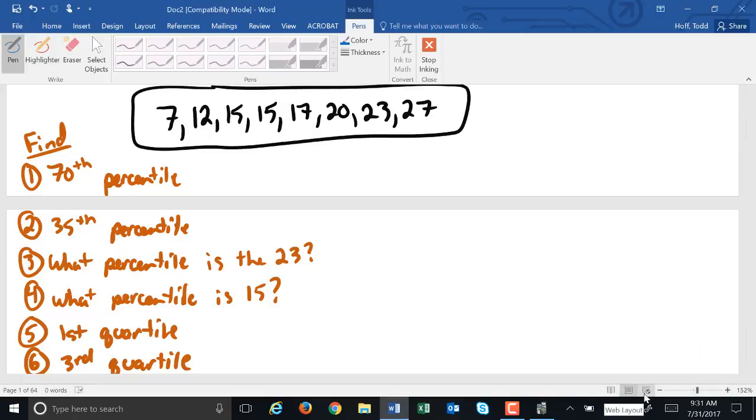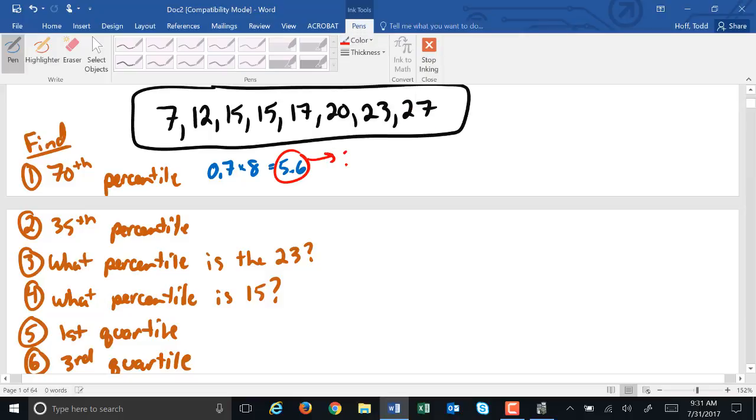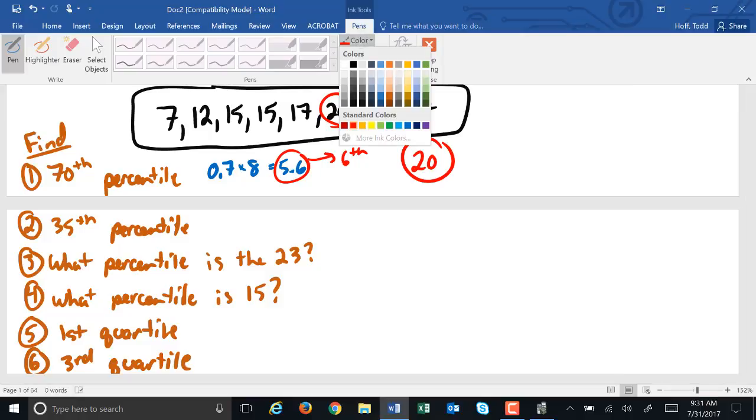70th percentile. So we're going to find the position. So 70% would be 0.7 times 8 is 5.6. So that rounds up to the 6th spot. So that would be the 20. So the 70th percentile is 20.